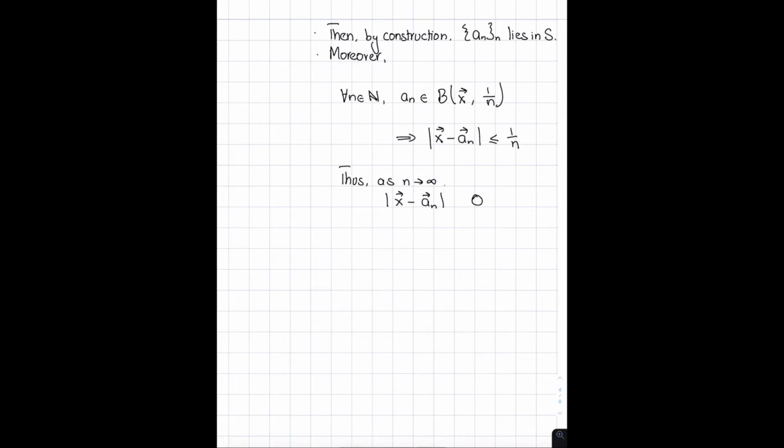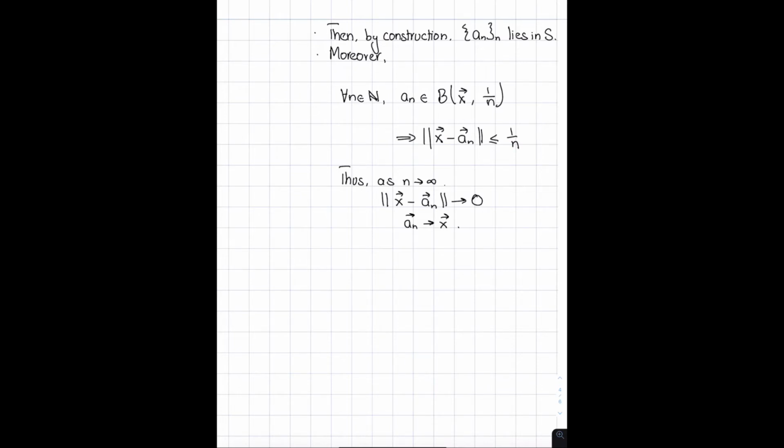This implies that a sub n tends to vector x, and that's it. We're done. So this is the idea behind the proof.